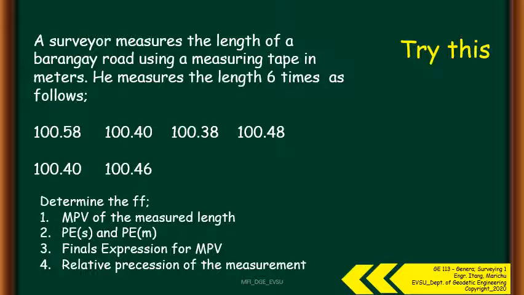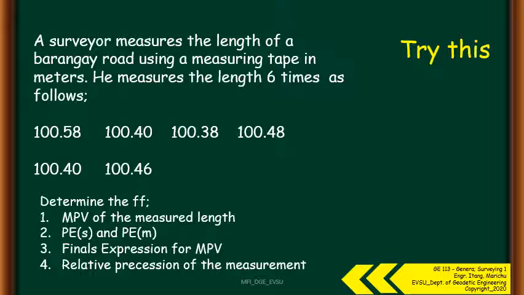So you have here an example problem. A surveyor measures the length of a barangay road using a measuring tape in meters. He measures the length 6 times as follows. So yung road, for example, yung both end ng road is point A to point B. Measure niya yung isang length ng road 6 times.